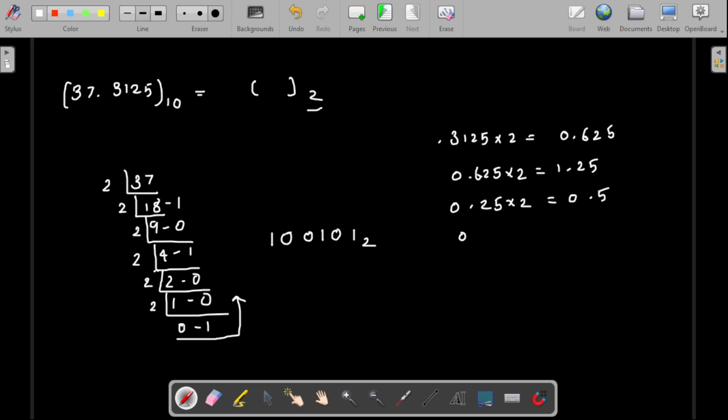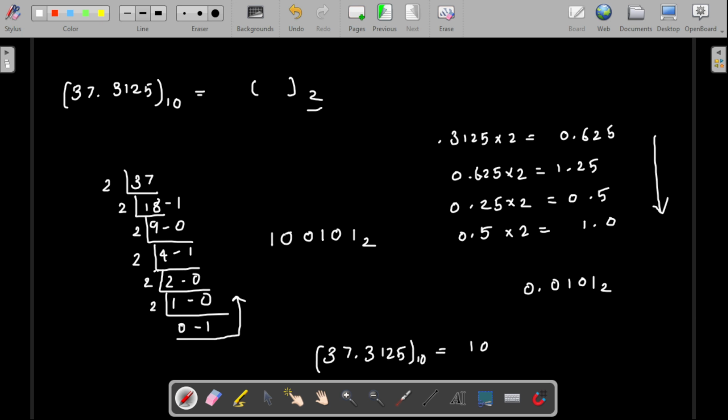Then 0.5 times 2 will be 1. So until we get 1, we have to continue. Now we write only the integer parts this way, so it will be 0.0101 in base 2. If we combine both, then 37.3125 in base 10 will be equal to 100101.0101 with base 2.